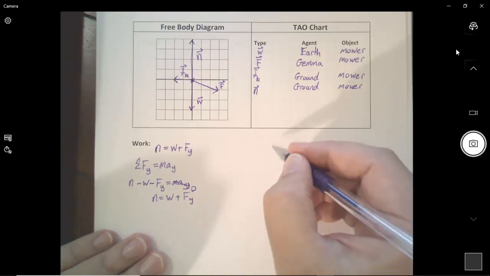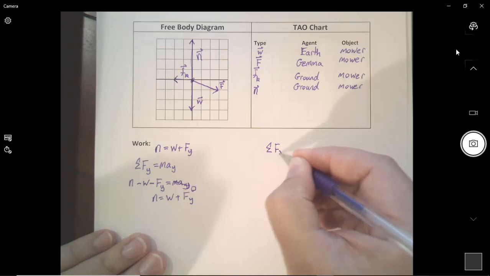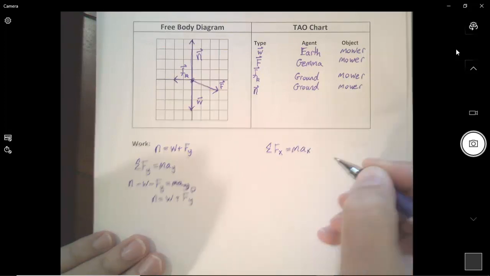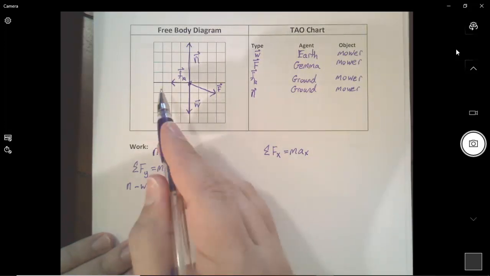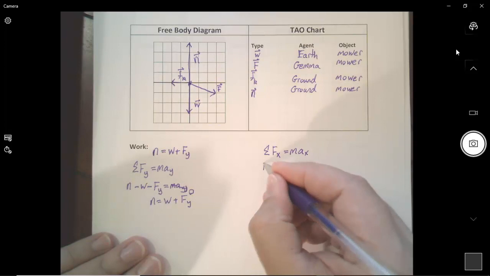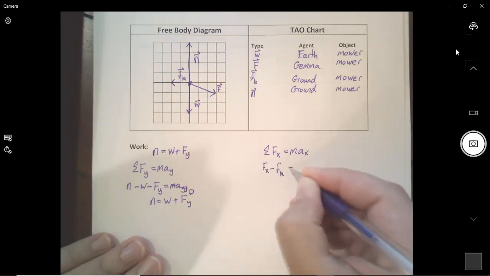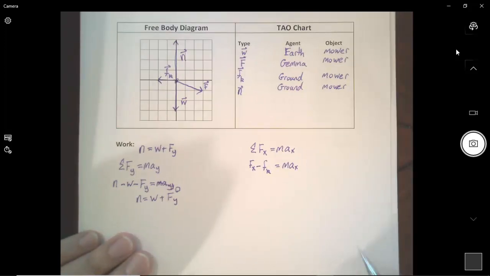Now we're going to write Newton's second law in the x direction. These forces don't cancel out, so we really do need to write Newton's second law. Everything pointing to the right will get a plus sign, everything pointing to the left will get a minus sign. So Fx minus fk, little f because it's friction, is equal to m a_x.